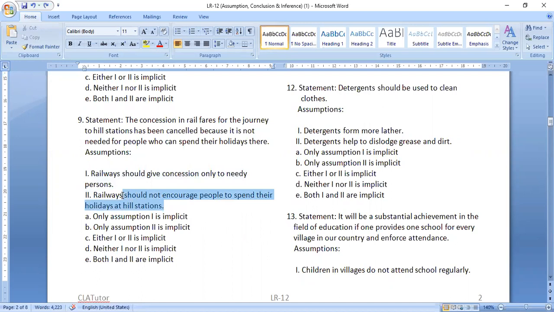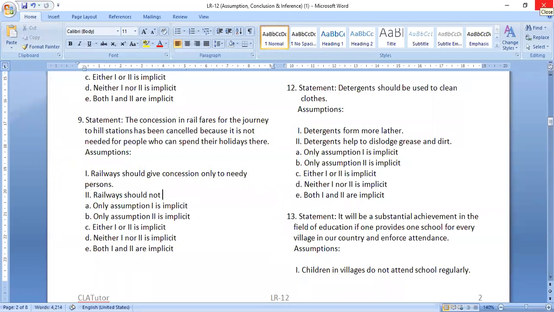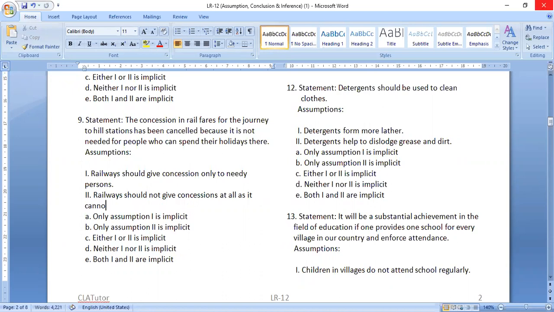Now, suppose I said that railways should give concession only to needy people. Suppose I had said the railways should not give concessions at all, as it cannot afford to. How about now?